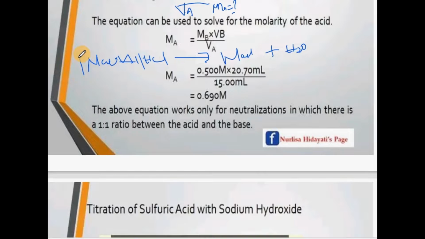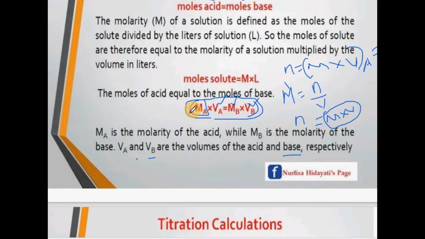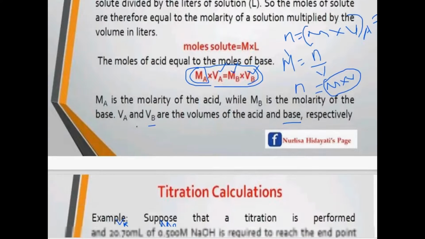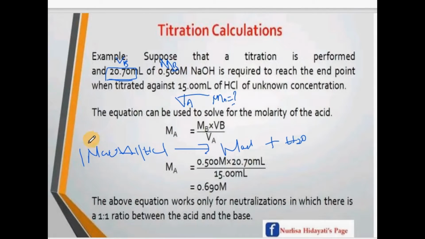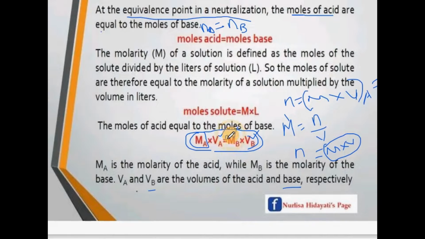So here, for the moles of the acid, you can just use this expression straightforwardly when the stoichiometric coefficients are 1:1. But if it is 1:2, let's say when you write the balanced chemical equation you realize it is 1:2, then if this one represents the acid and this one represents the base, you are going to put 2 in front of this.